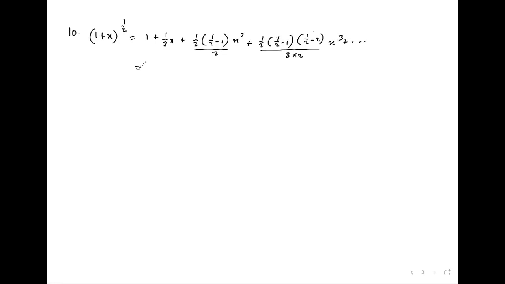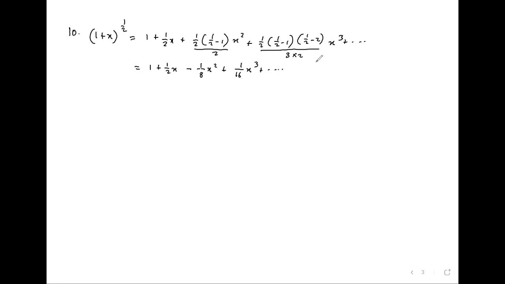So you just end at 3. So you have 1 plus half x, minus 1 over 8 x squared, plus 1 over 16 x to the power 3, like that.